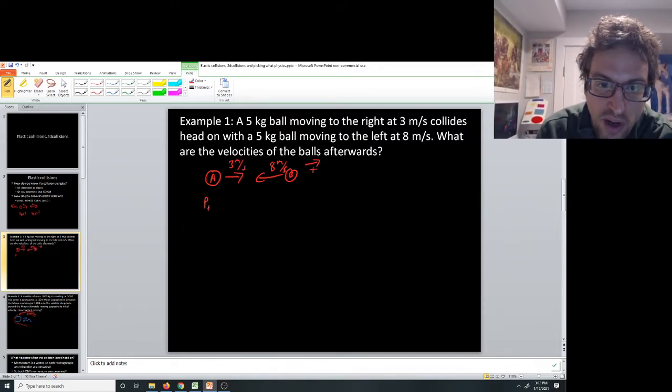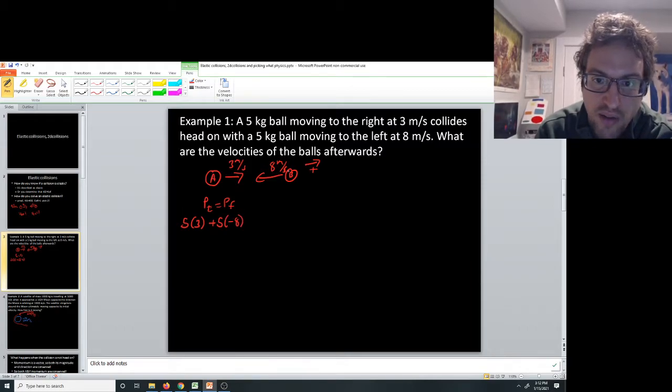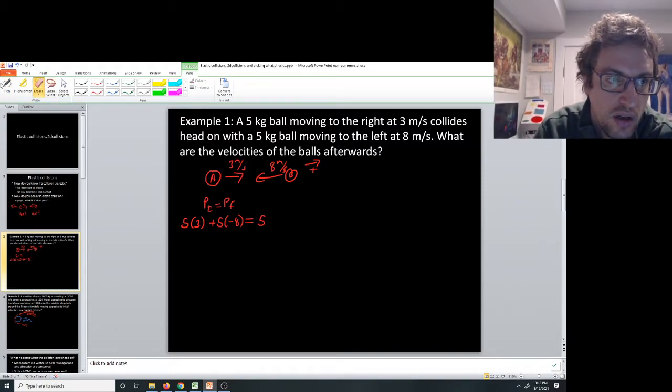So I'm going to start with momentum initial equals momentum final. So 5 times 3, that's initial momentum of this one, plus 5 times negative 8, momentum of this one, equals 5 times VA plus 5 times VB.